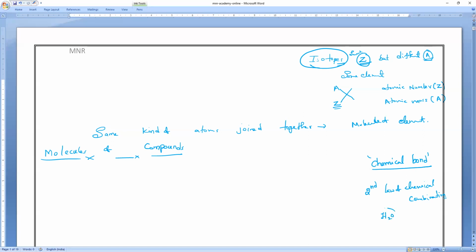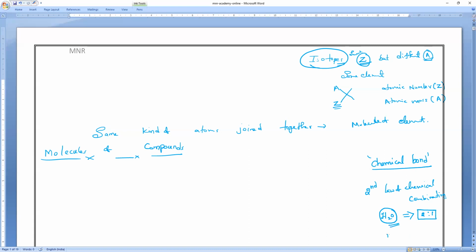For example, if I take water, anywhere in the world, how many hydrogen atoms? Two hydrogen atoms and one oxygen atom combine together. That is how water forms.